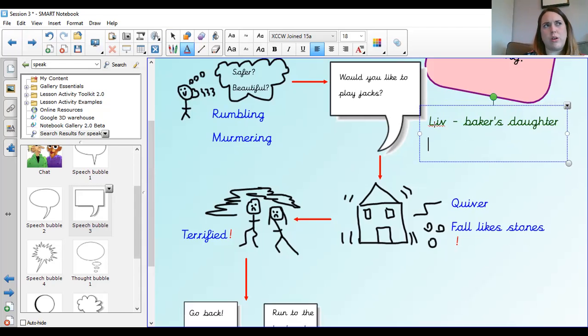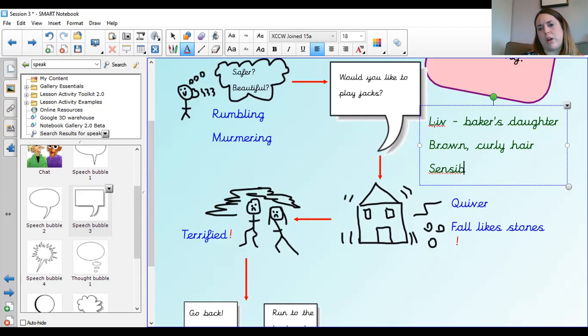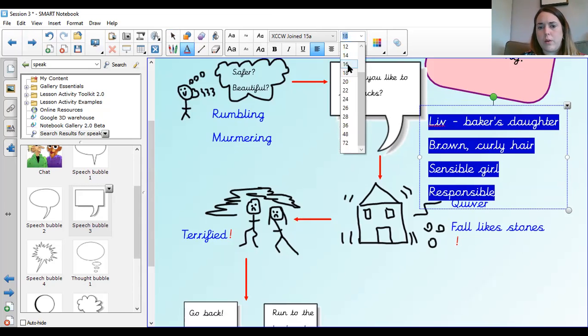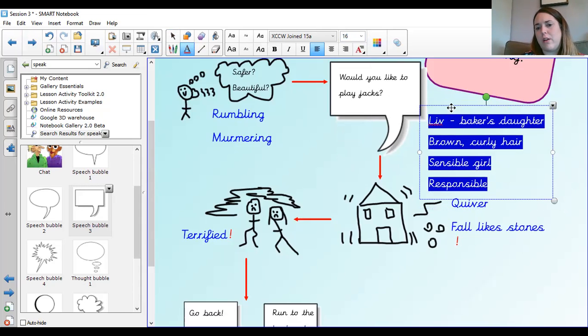She has got, I can't remember what colour her hair is, I'm going to make it up, brown curly hair. She is a sensible girl. Very responsible. What else could we say about Liv, I wonder?